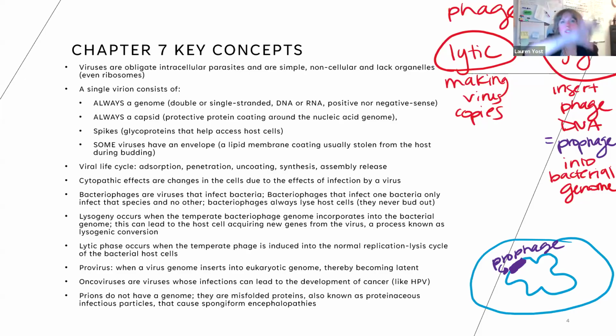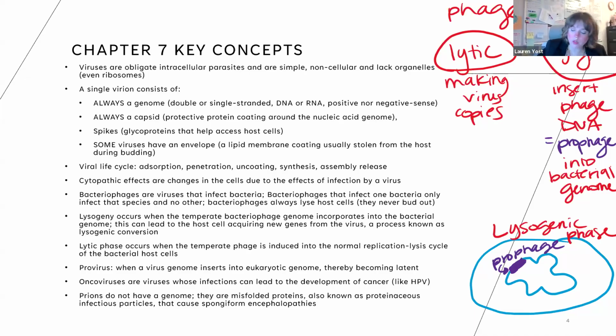This state, this phase of being inserted into the genome, this is called lysogenic phase. If you are no longer inserted in the genome and you're now making virus copies instead, that's the lytic phase. Any phage that can switch between these two, if you can switch, you are called a temperate phage.